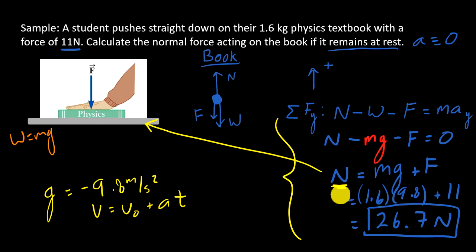Well, if the book isn't moving, that support must be enough to support the weight of the book and however much you're pushing it down. Remember Newton's first law, an object at rest will stay at rest unless there's a net force. Well, the book is staying at rest, so there can't be a net force. So the only upward force must balance the downward forces.